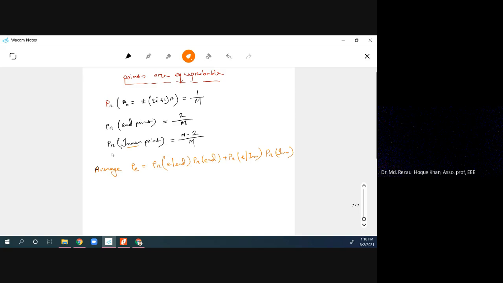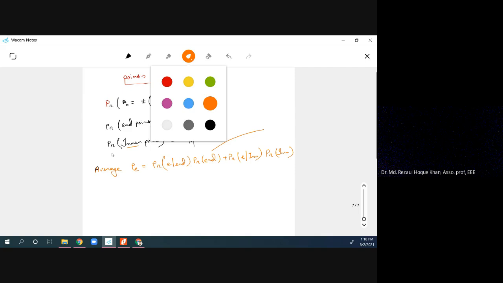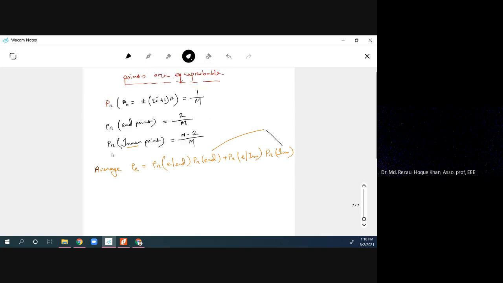Here you see the probability of the end point and the probability of the inner points are what? Mutually exclusive, as we discussed earlier, same thing.